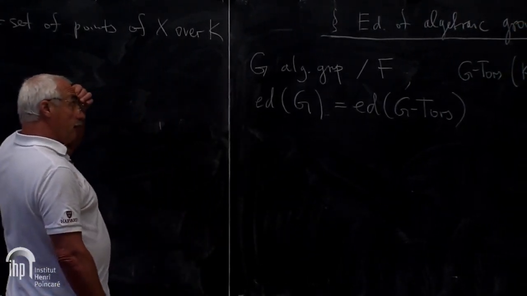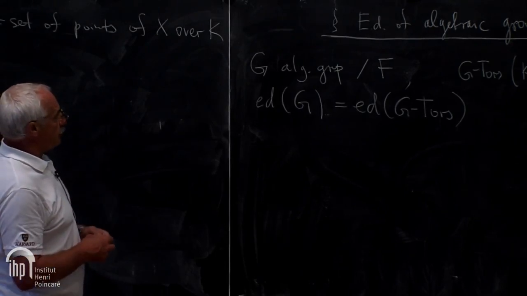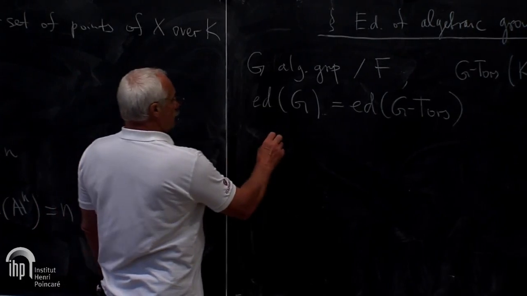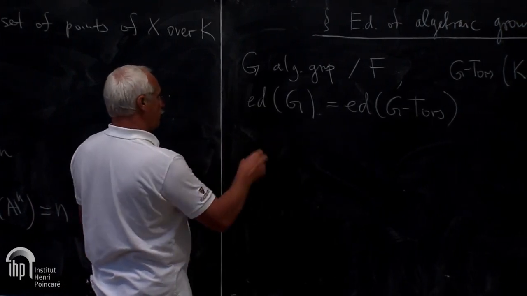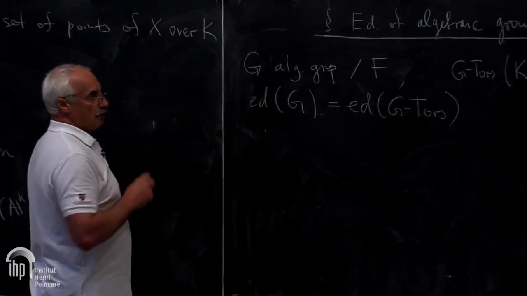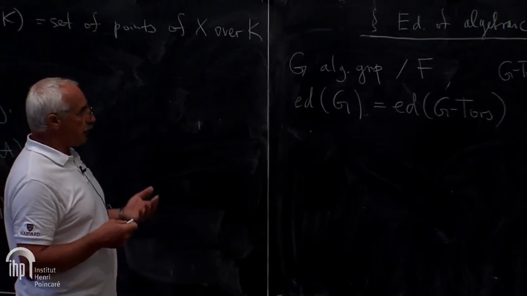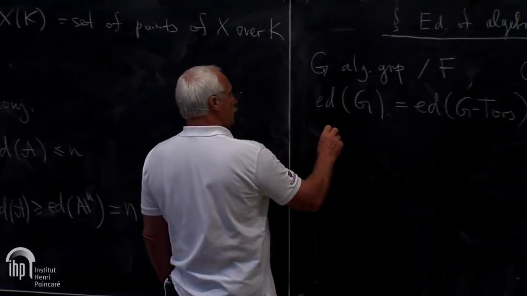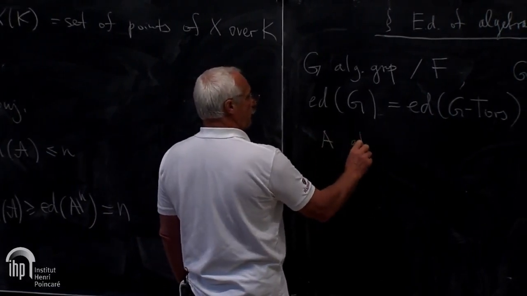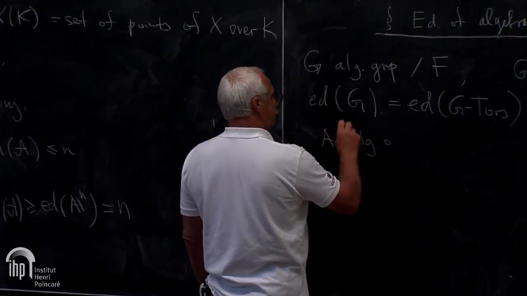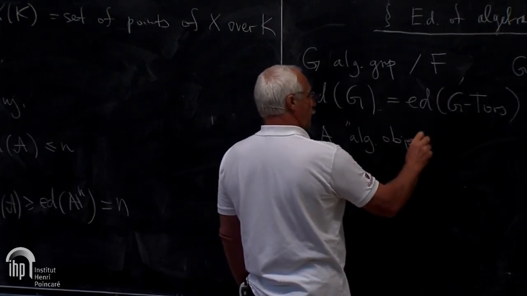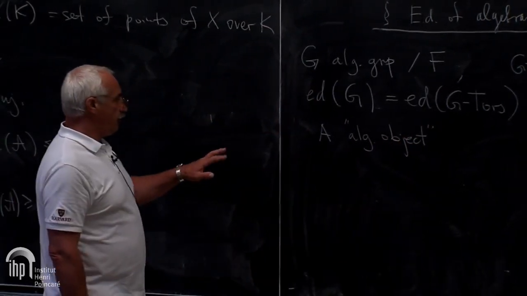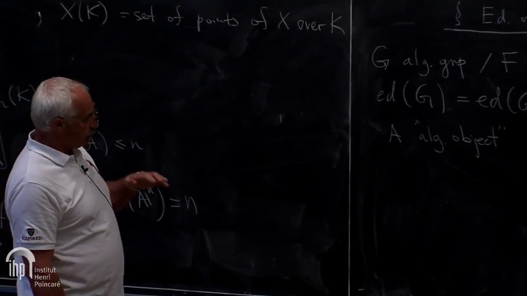Well, there is a big source of interesting groups and G-torsors. Suppose you have an algebraic object, whatever that means. It could be an algebra with involution, a quadratic form, even a variety. So let's take an algebraic object A, and we require the structure of a base change.